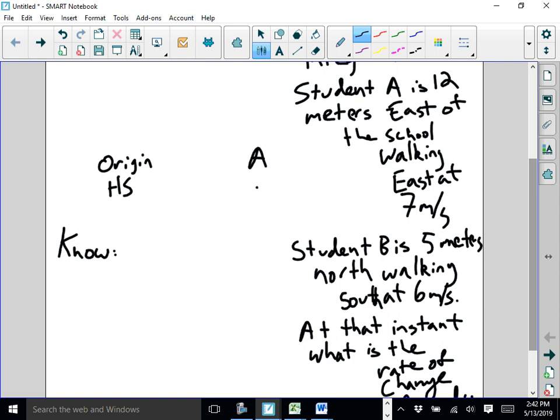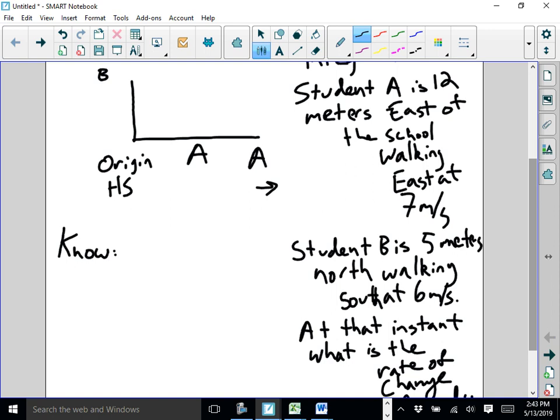Whenever you see north, east, west, south, those kind of things, we're usually going to be dealing with right triangles. So there's student A. I am going to think of this side of the triangle as A. Student B is 5 meters north, so a little bit closer to the school. Here's student B. The student is north of the school, but is walking south.